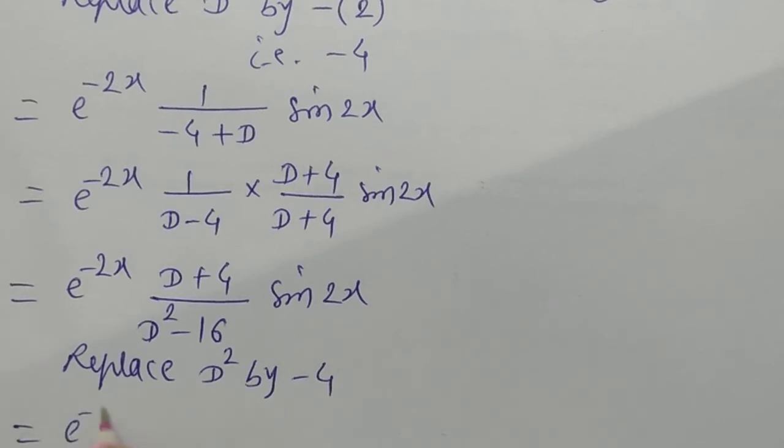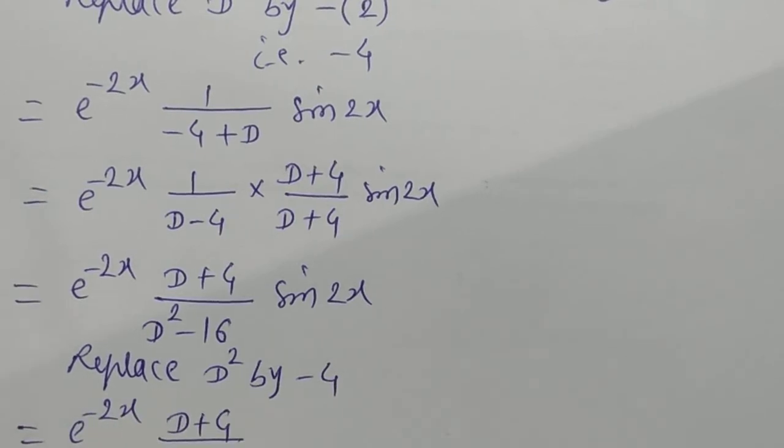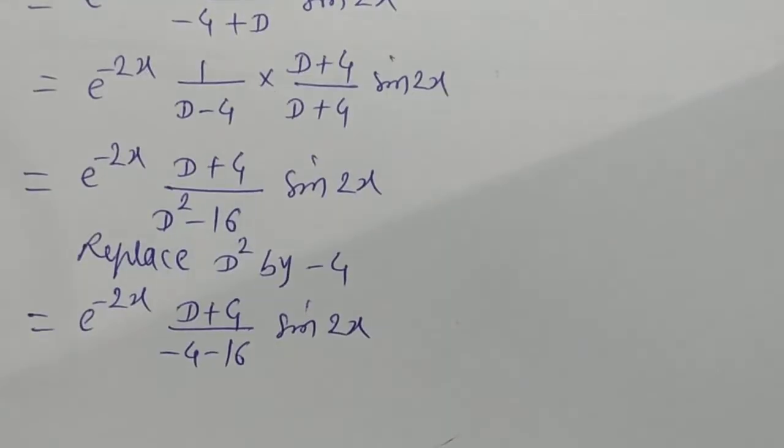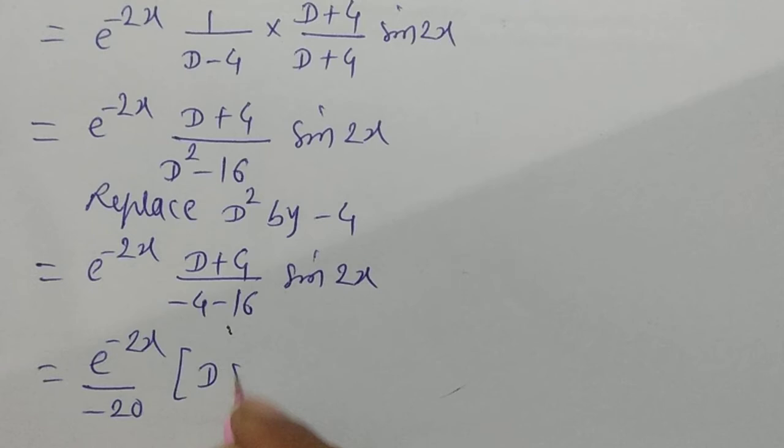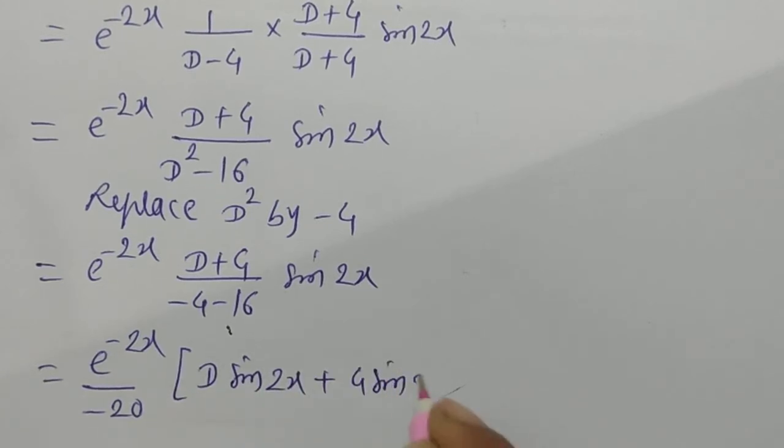So it will become e raised to minus 2x, D plus 4 upon minus 4 minus 16, sin 2x. Isn't it? Now we'll operate this numerator on sine because the denominator is simplified. So this is e raised to minus 2x by minus 20, D of sin 2x plus 4 sin 2x.